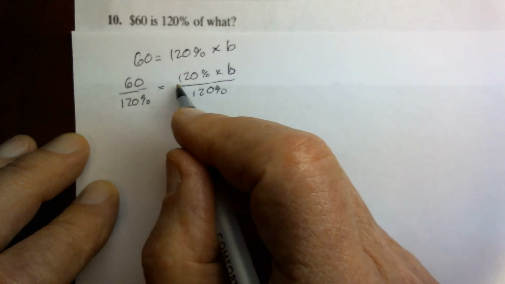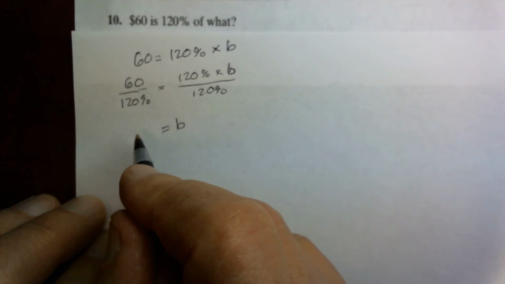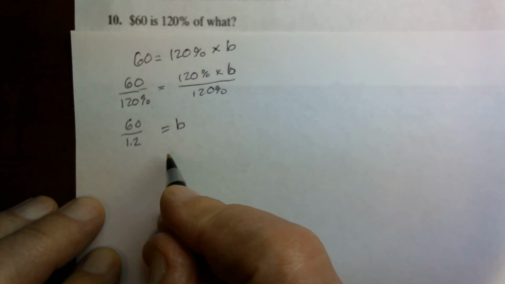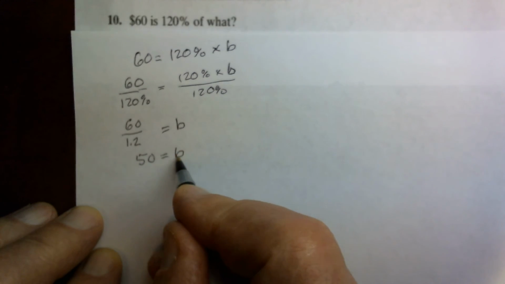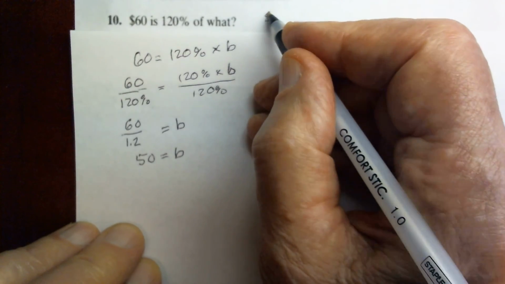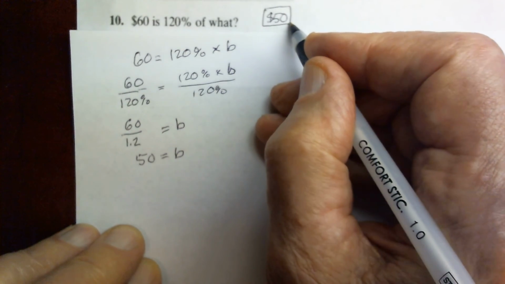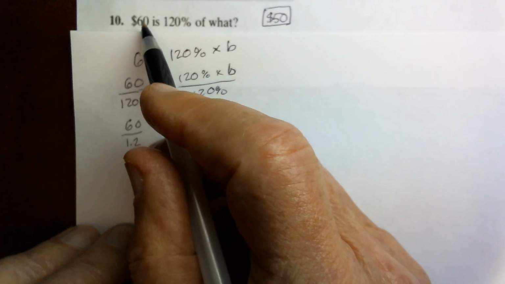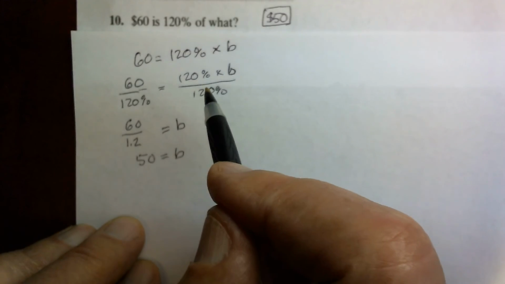On the right hand side, the 120% cancel, so we've isolated B. On the left side we have 60 divided by 1.2, since 120% is 1.2, and that is 50, so B equals 50. So the answer is $50. And it's $50 because we began this with $60. The unit of measure is dollars in this example.